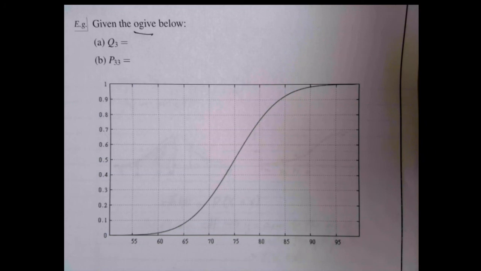Given this ogive, what's Q3? Well, remember what Q3 means. That's a number on the x-axis so that 3/4 of the area under the PDF is to the left of Q3. What's on the y-axis here is areas under the PDF, basically.